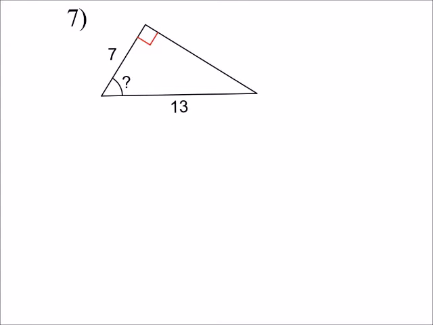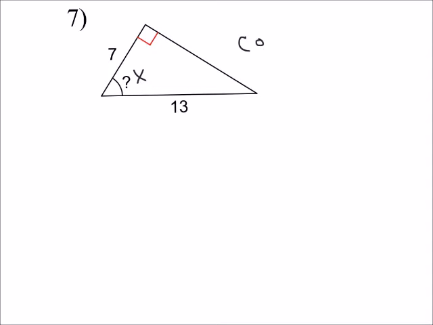Here's another example. Again, we're using our functions to find this angle. This time, according to this angle, we have the adjacent side as well as the hypotenuse. So the ratio that uses adjacent and hypotenuse is cosine. So we'll use the cosine of this angle, and again we'll identify it as being x.